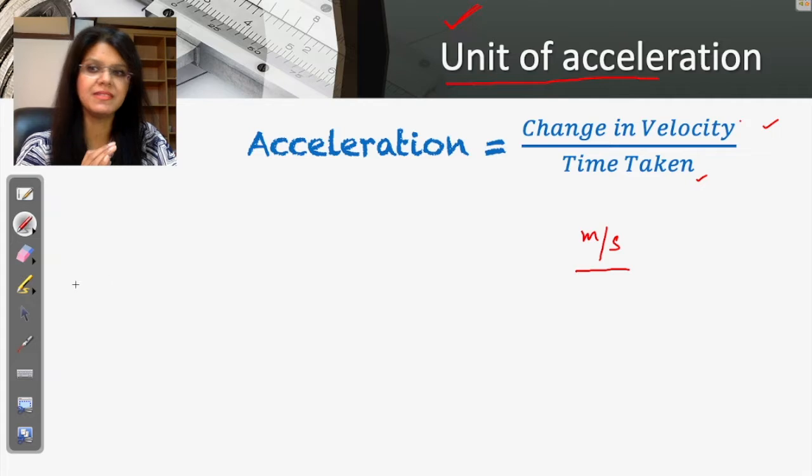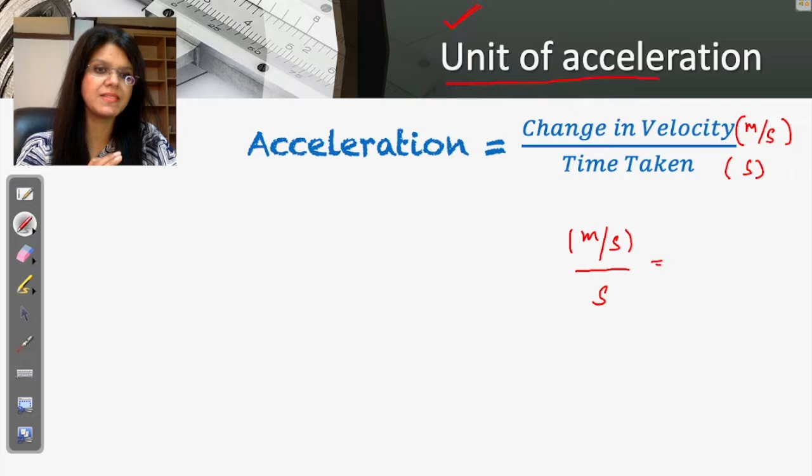The unit here is, in the numerator, meters per second. In the denominator the unit is seconds. So it's meters per second divided by seconds. Let us do some maths now. Numerator becomes something like this.